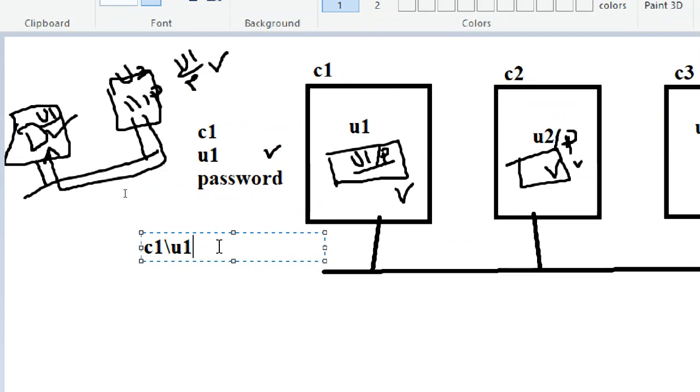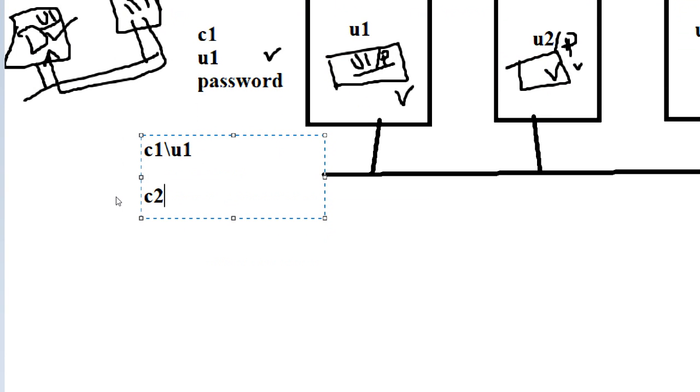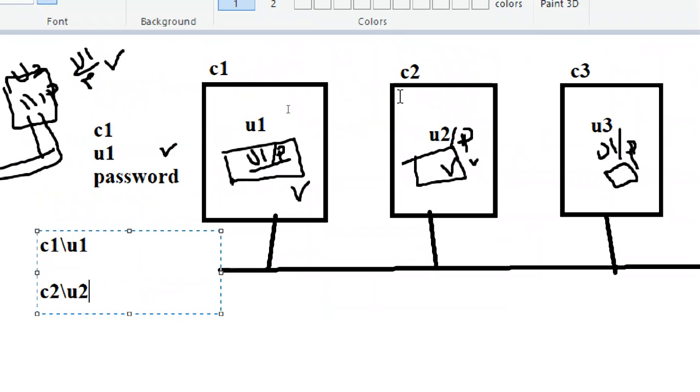It means user one belongs to C1, the user one account information is in C1. C2 slash U2 means U2's information is located in C2 and authenticated by C2 only. So I hope this is understood.